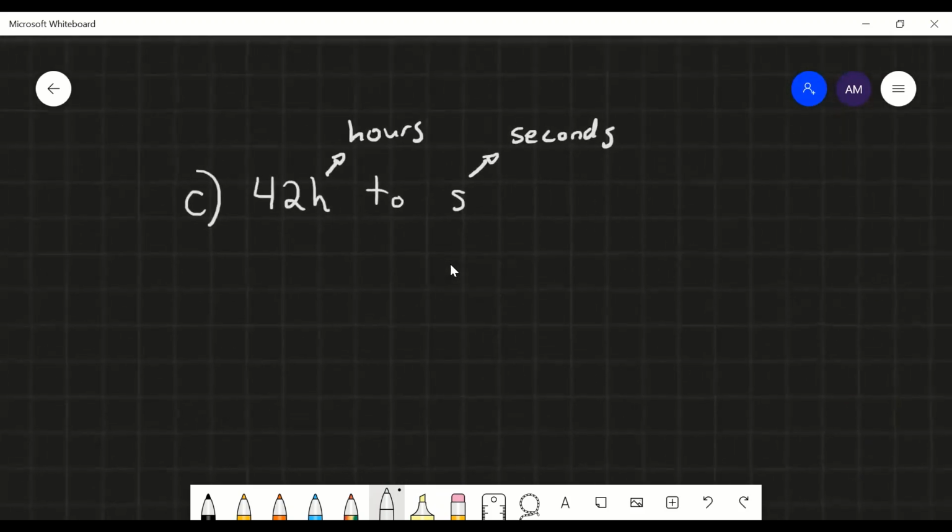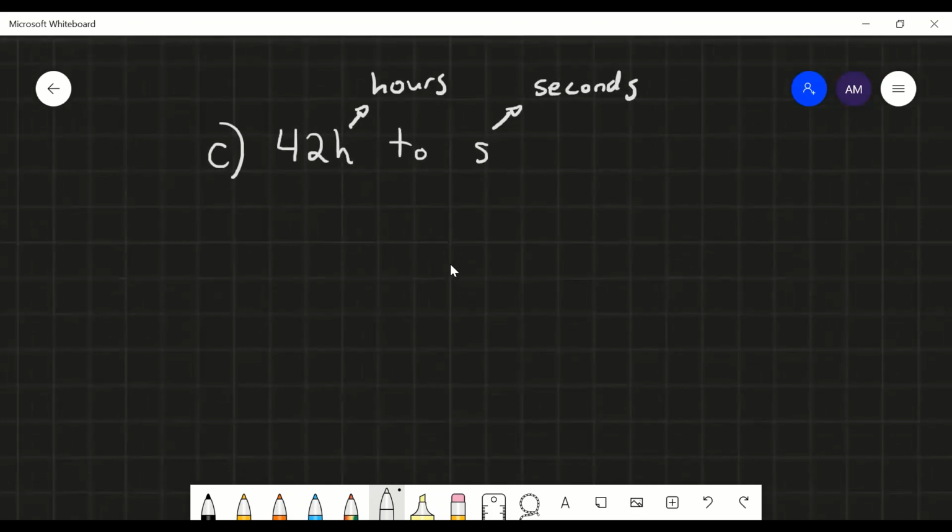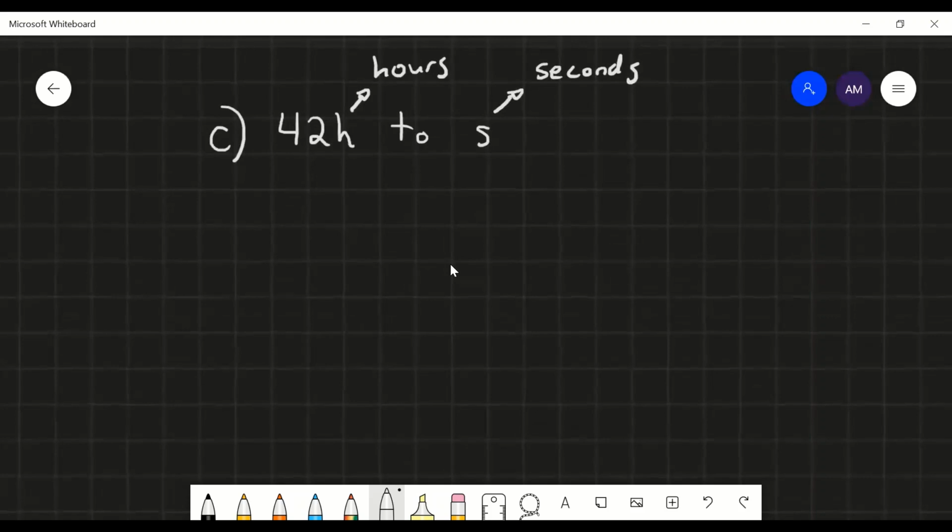Yeah, so for now, let's just take this case by case. Whether we look this up or we just know from our own common knowledge, how many seconds are in an hour? Well, I don't have that number memorized off the top of my head, but I do know that 60 seconds is equal to 1 minute.